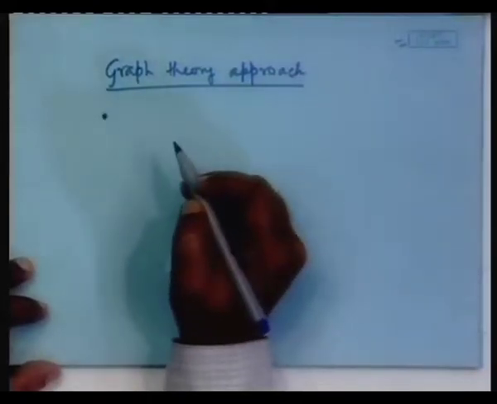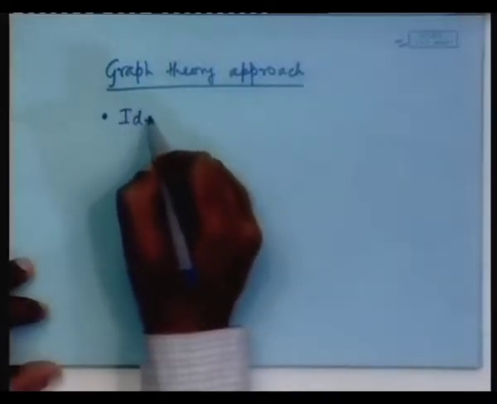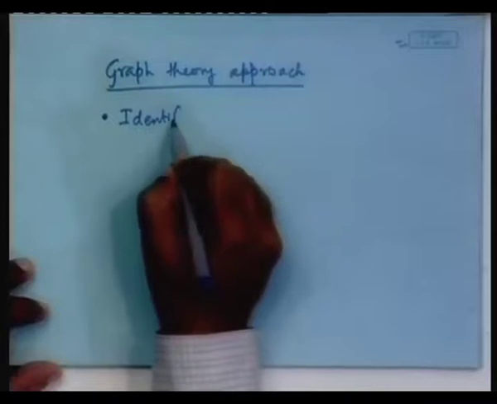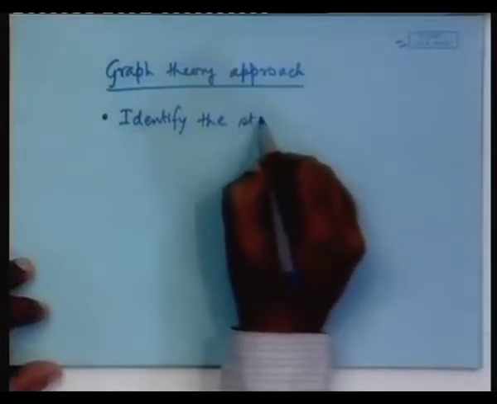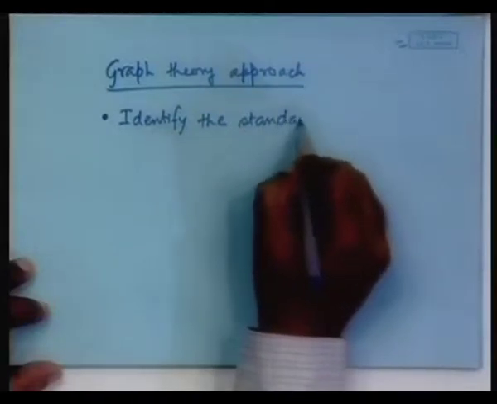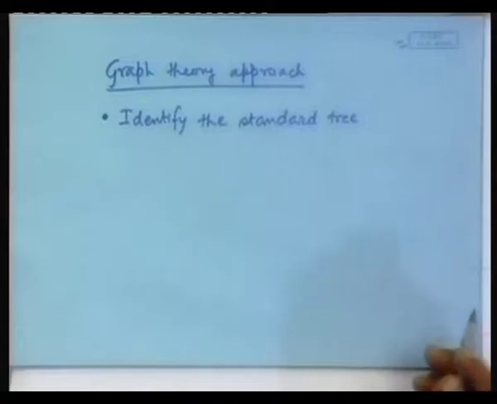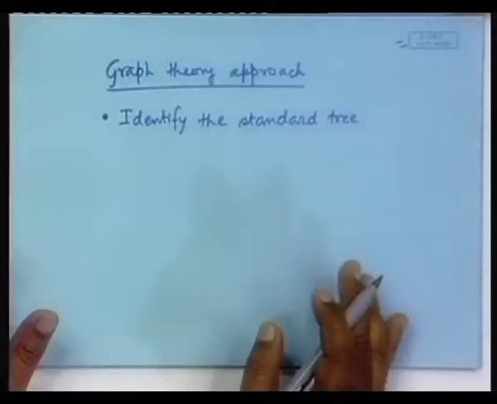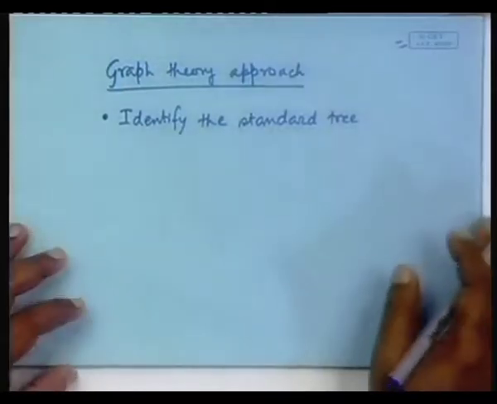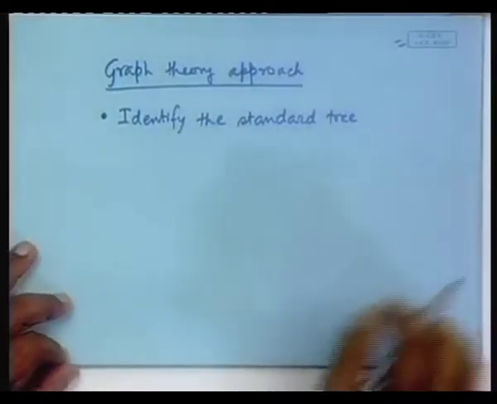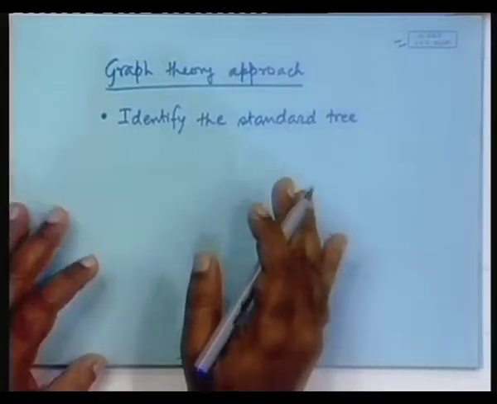The first step is to identify the standard tree. In any graph, you can draw the trees in very many different ways, and out of that one would satisfy the requirements of being a standard tree.